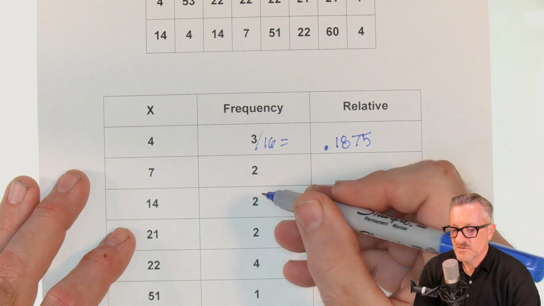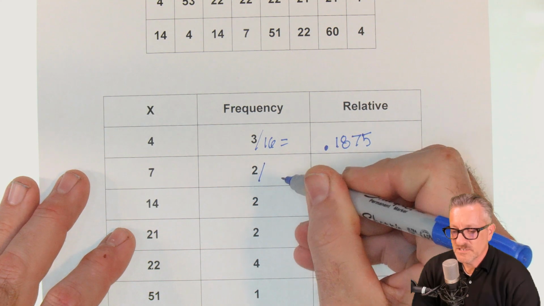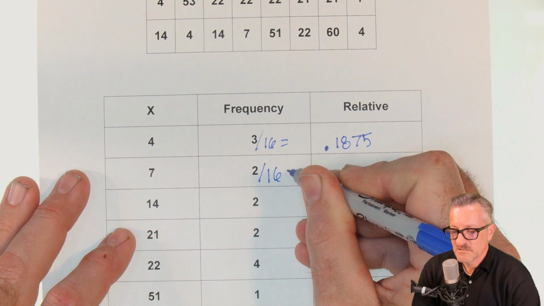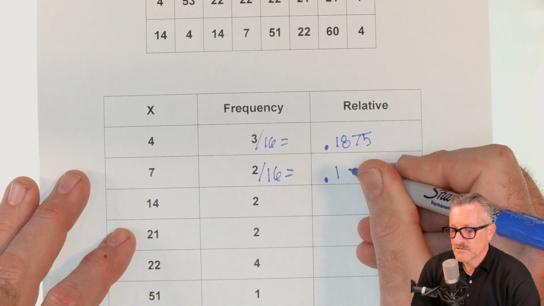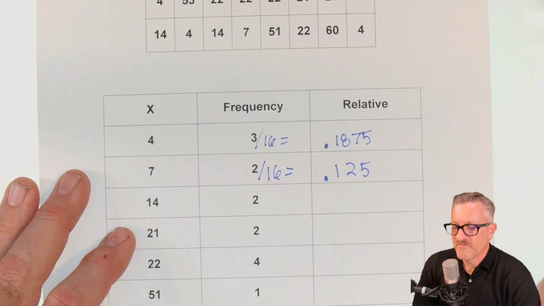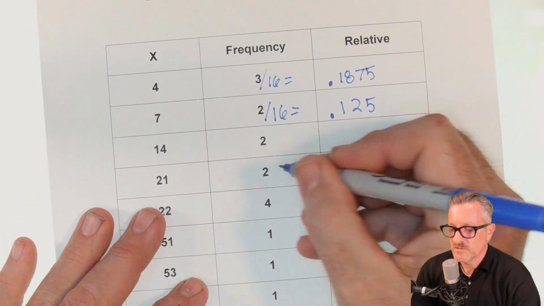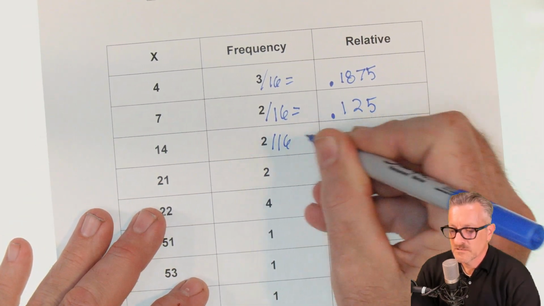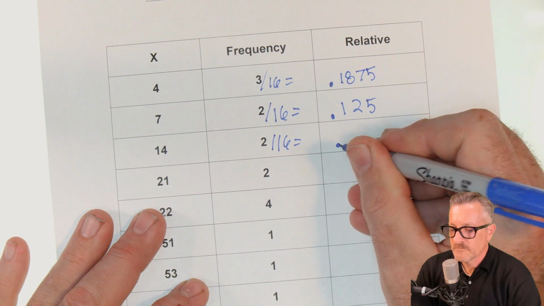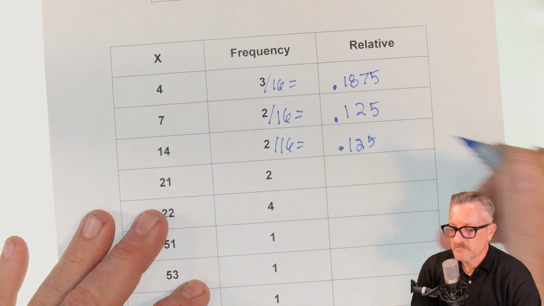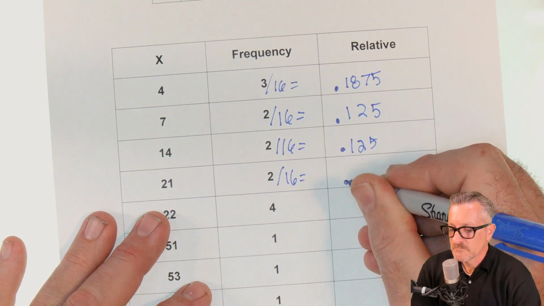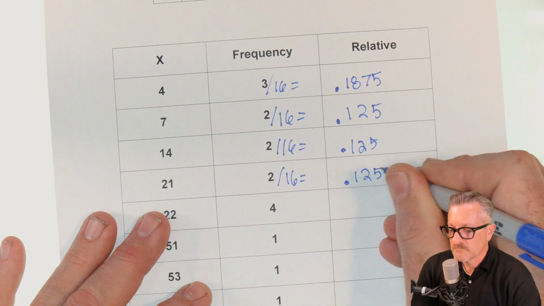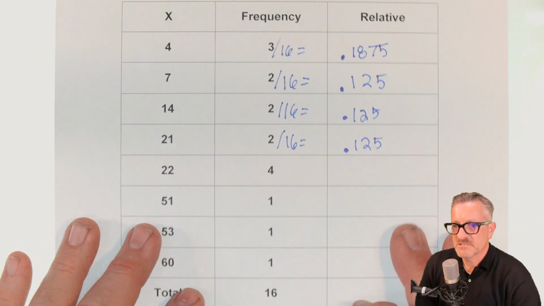So for 2 divided by 16, or 2 sixteenths, it'll be 0.125. And then we can just do this. So that saves us some time.